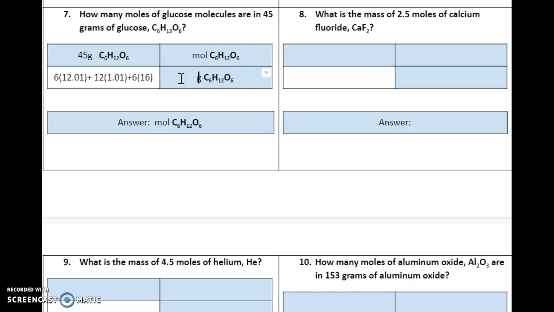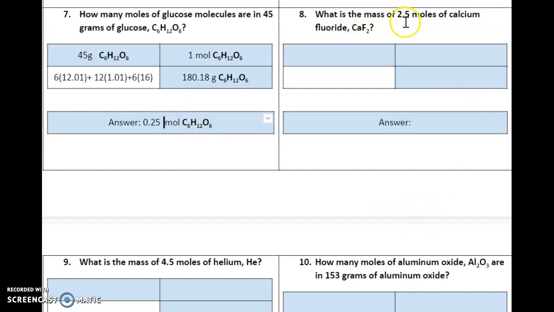So for glucose, it's 180.18 grams of glucose. This molar mass is equal to 1 mole of glucose. So 45 times 1 is 45, and you're going to divide it by 180.18. Our answer in the end, once rounded to 2 decimals, is going to be 0.25 moles of glucose.